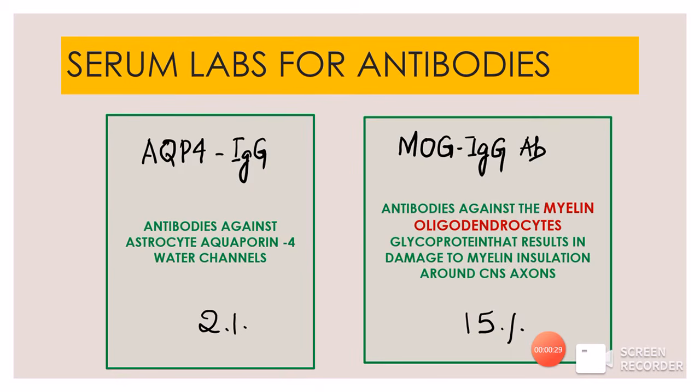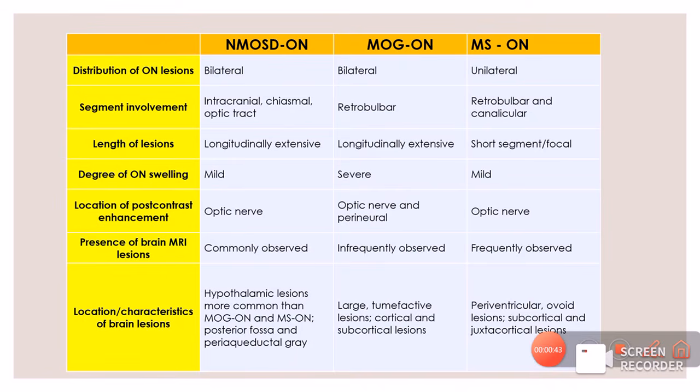Then when we are suspecting an atypical optic neuritis, we have to think about these antibodies, which are the aquaporin-4 IgG and the MOG IgG antibodies. Now let us try to understand certain differences between the NMOSD and MOG. As I told you, the MSON, that is the multiple sclerosis associated optic neuritis, is nothing but our typical optic neuritis.